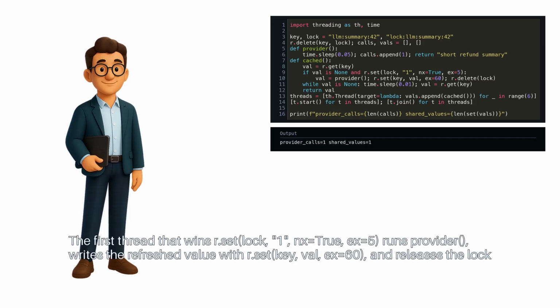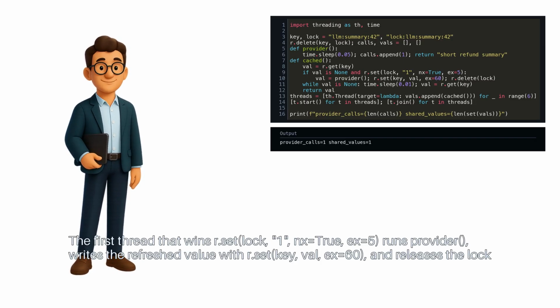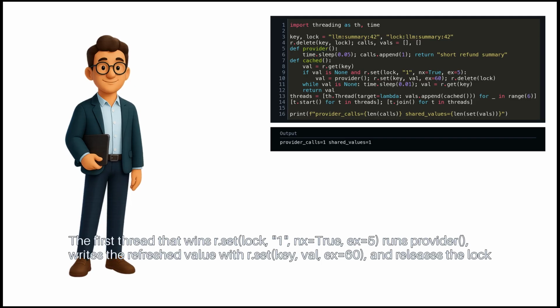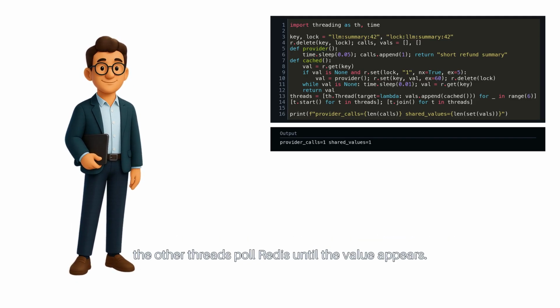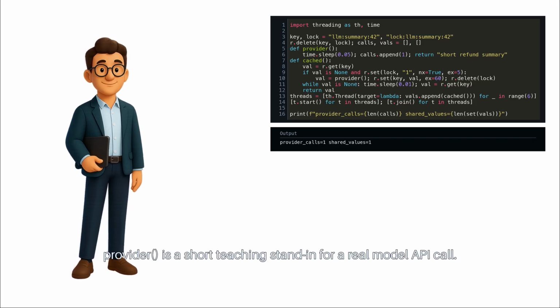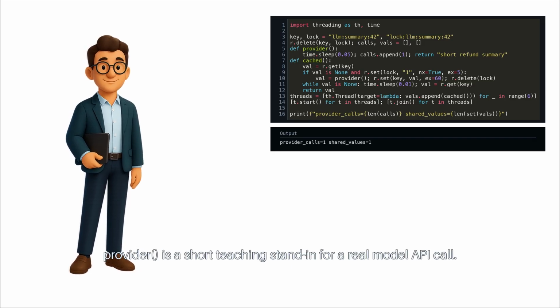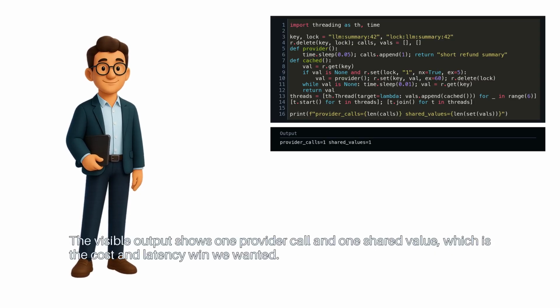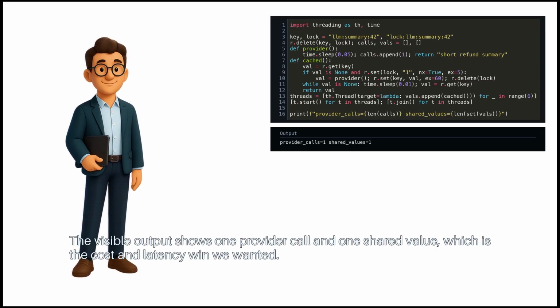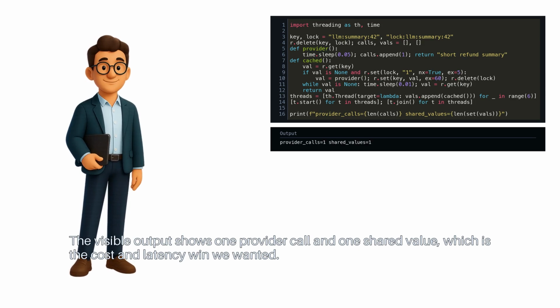The first thread that wins r.set lock 1 nx=True ex=5 runs provider, writes the refreshed value with r.set key val ex=60 and releases the lock. The other threads poll Redis until the value appears. Provider is a short teaching stand-in for a real model API call. The visible output shows one provider call and one shared value, which is the cost and latency win we wanted.